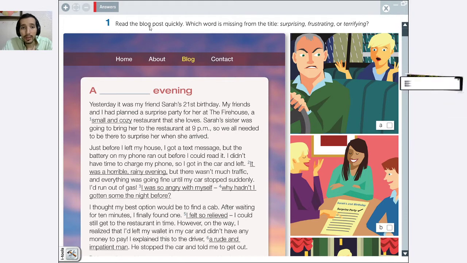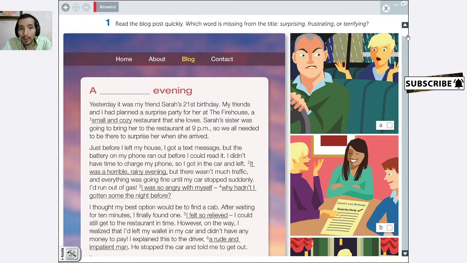The indications are quite simple. It says, read the blog post. Which word is missing from the title? Surprising, frustrating, or terrifying? So please, one of these would go in this section. Just try to make a correct decision and include it.